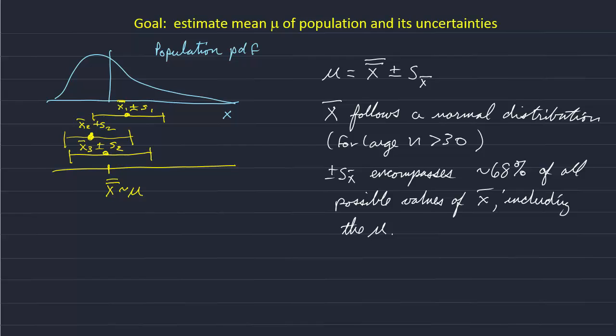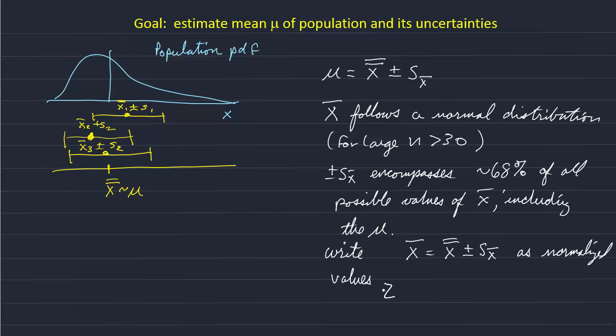So how do we know that? Well, let's write some measure of x bar is equal to the grand mean of all our samples plus and minus S, the standard deviation of our sample means. And we'll write that as normalized values.